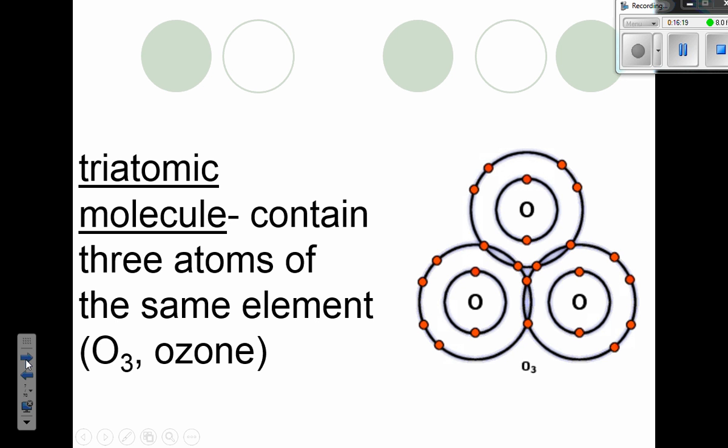So this is like sharing a pair of electrons, sharing a pair of electrons, and this one is also sharing a pair of electrons. They balance, yeah, 2, 4, 6, 8. Okay, so a triatomic molecule, 3 atoms that are exactly the same.